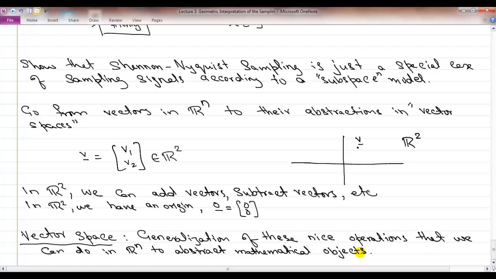It's the same when we define abstract mathematical concepts. A vector space is a general concept. It doesn't have to be R2 or R3 or R infinity, anything that satisfies certain concepts. A paper is a paper. If you can write on it, for you, that might be a paper.